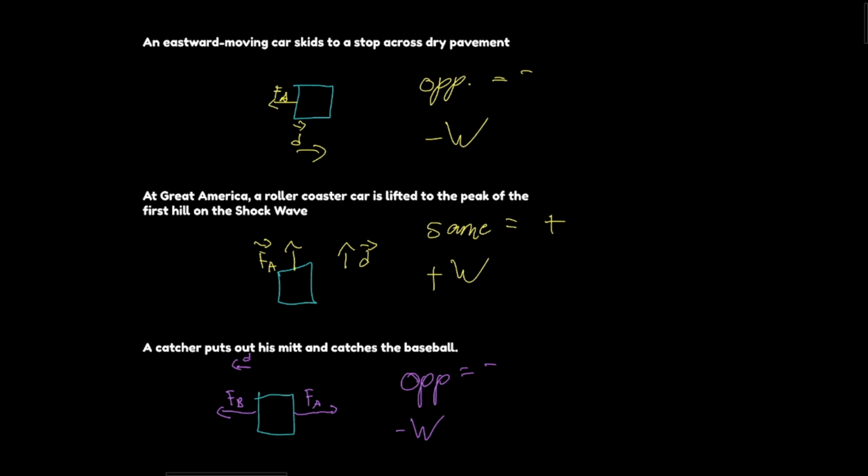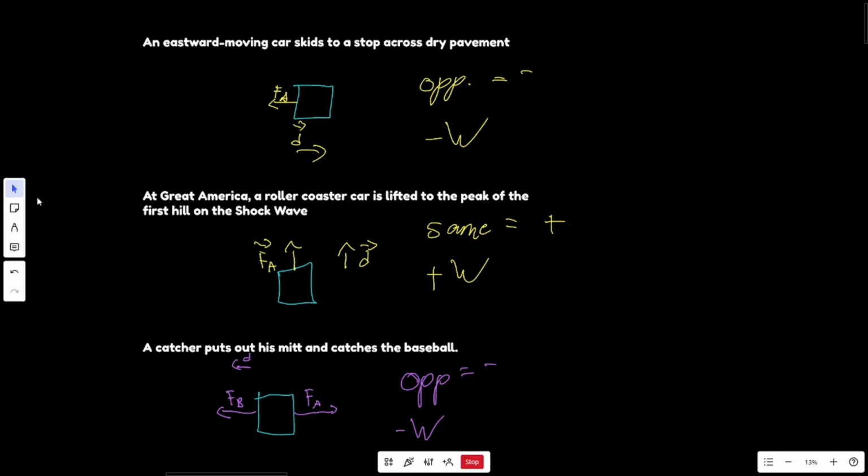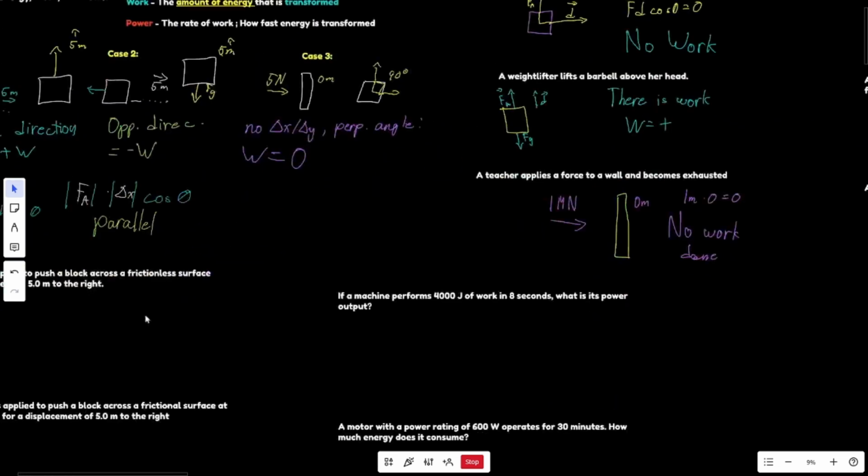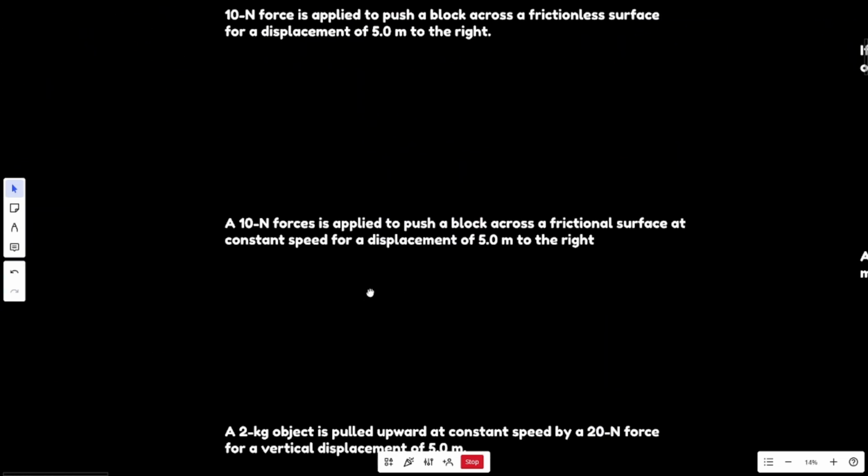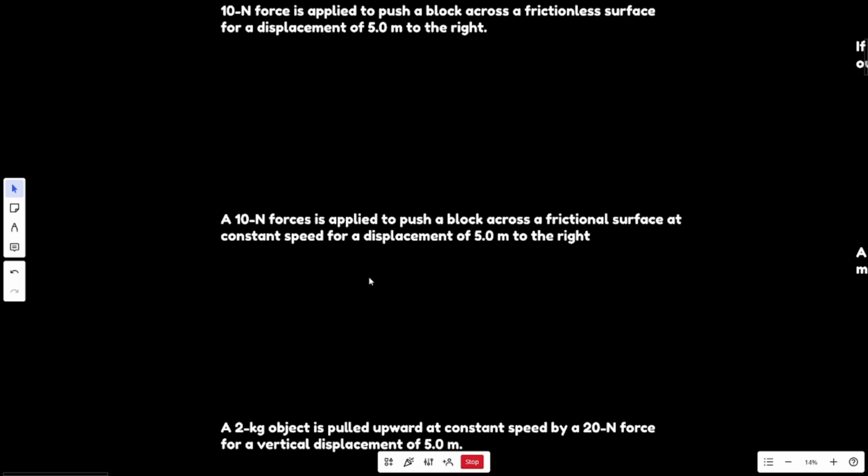And then lastly, for the last one, we found out that it was negative work simply because the force that we apply to catch the ball is opposite from where the ball is still going. So now we are going to go to the problem solving portion of this topic.